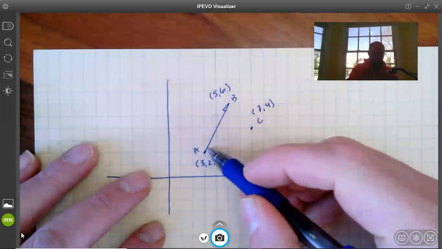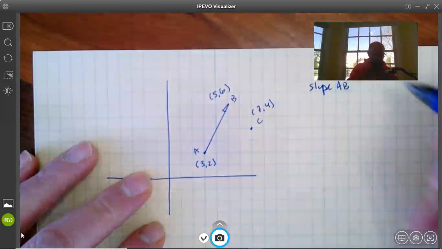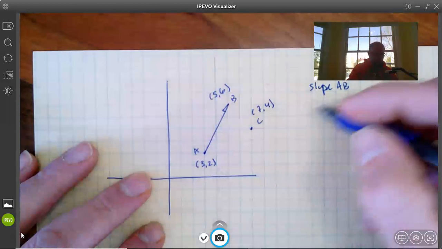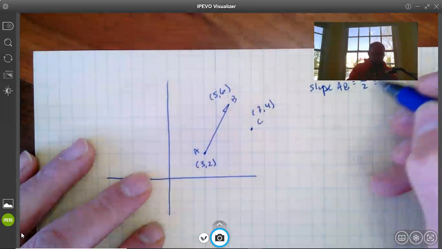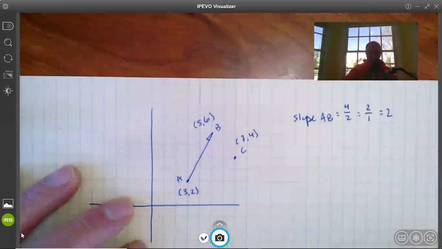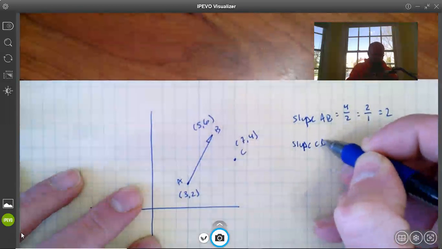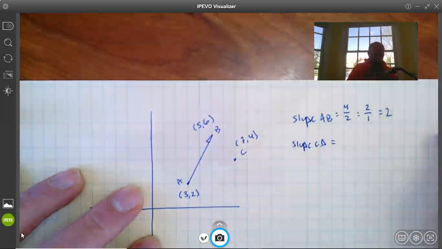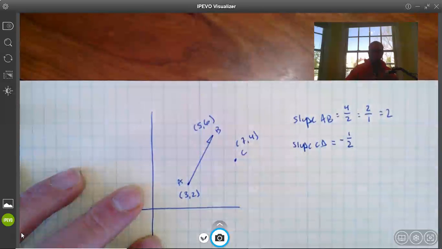So the slope of vector AB is 4 over 2, which reduces to 2 over 1, or just 2. So the slope of CD needs to be negative 1 over 2. So flip it upside down and change its sign.